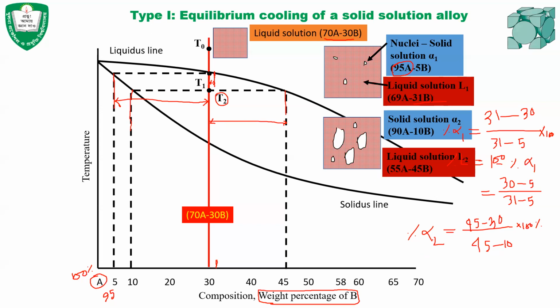This will give us the percentage of alpha 2, and if you want to find out the percentage of liquid, then it will be 100 minus percentage of alpha 2. Okay, that's how we found the chemical composition and the relative amount of each phase. That means the relative amount of solid phase and relative amount of liquid phase.